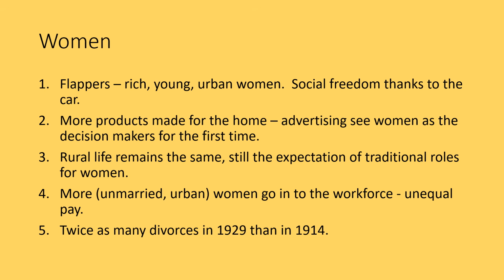As it says in point number 5, we see that by 1929 there are twice as many divorces as there were back in 1914, demonstrating that women are not willing to stay in unhappy marriages, and are feeling more confident in becoming more independent. There was still a bit of a stigma hanging around the idea of being a divorced woman, more so than being a divorced man, but that's another topic for another day. But nonetheless, it definitely shows this change in attitude amongst women, where they are feeling a lot more confident to take control of their own lives.